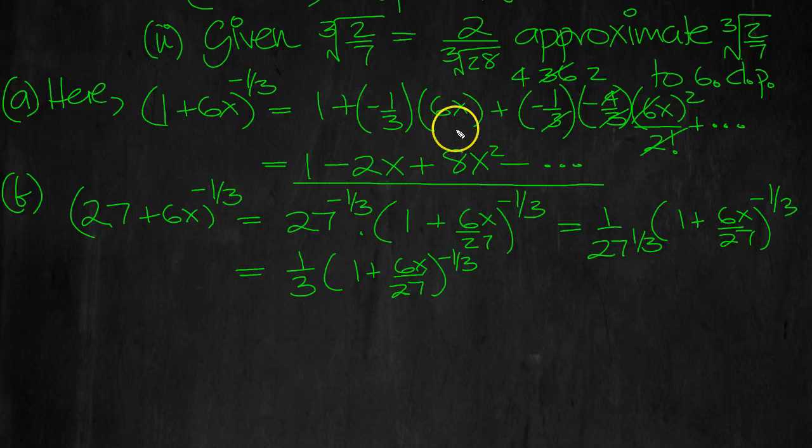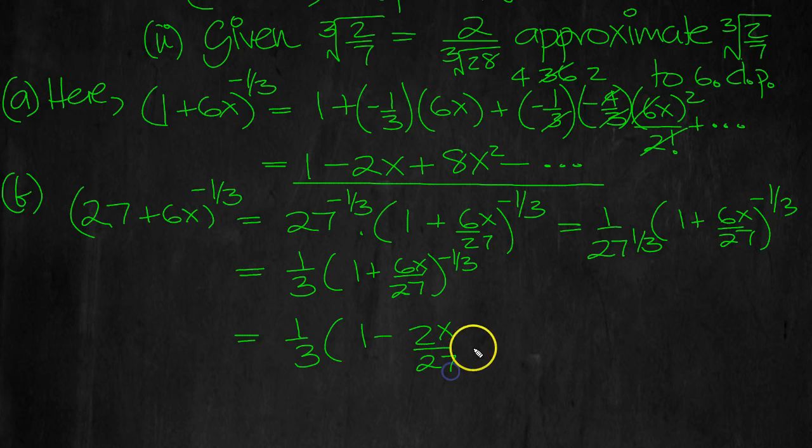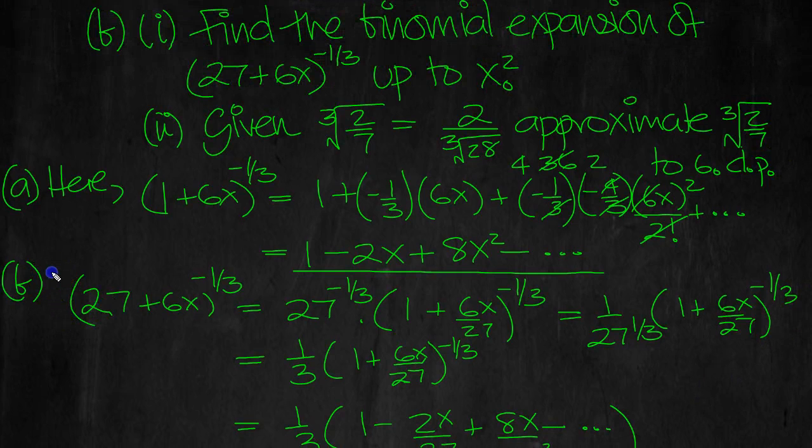So replace the x by x over 27. That would be 1/3 times 1 minus 2x over 27 plus 8x over 27 squared minus dot dot dot. So that's what we've got for this series expansion. That's part B, part 1 then.